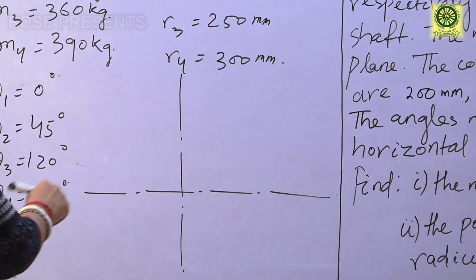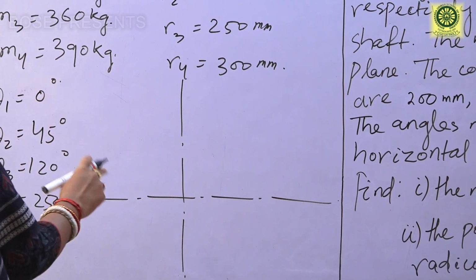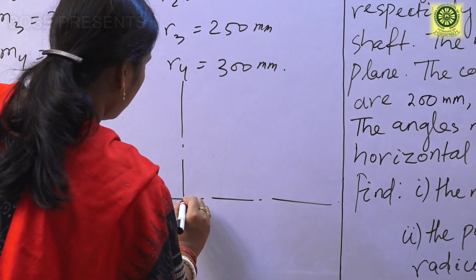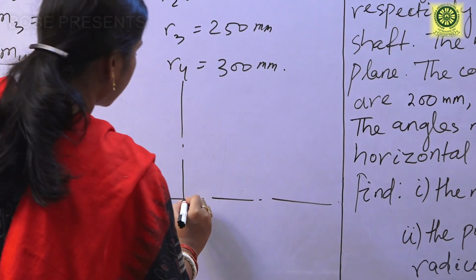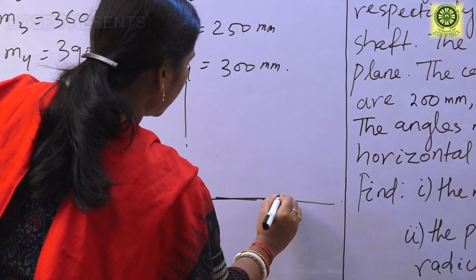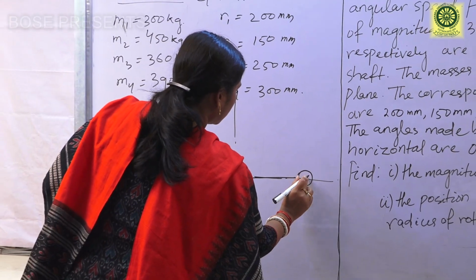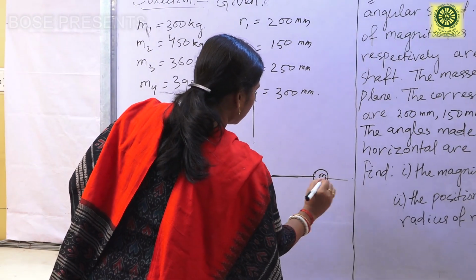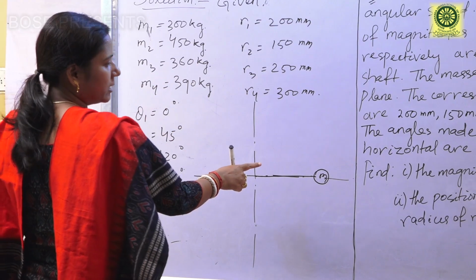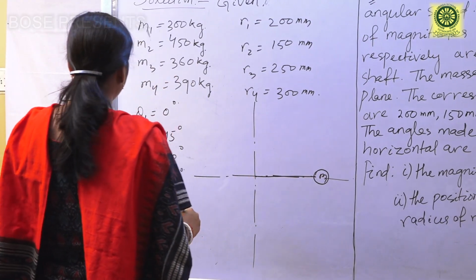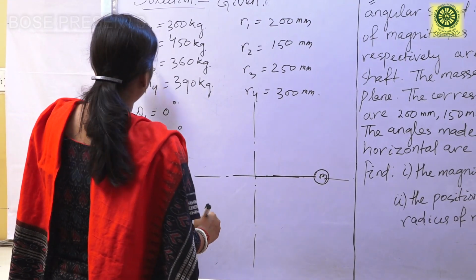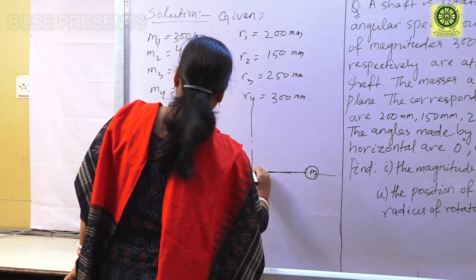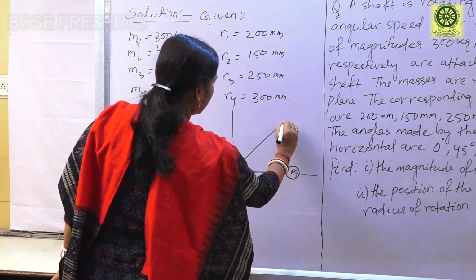For reference, I am just drawing the horizontal and vertical lines. Now you can draw the lines. Your mass M1 is at angle 0 degree. So here I am taking M1, making an angle 0 degree with the horizontal axis. Then M2 is at angle 45 degree.